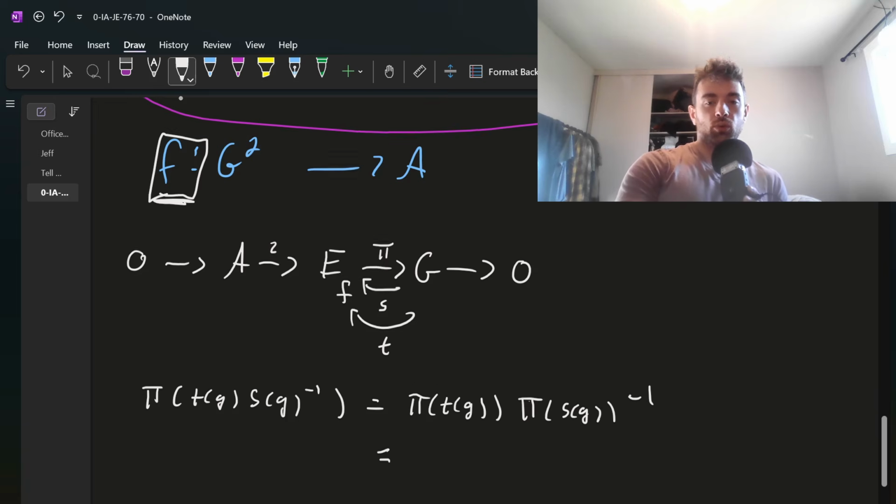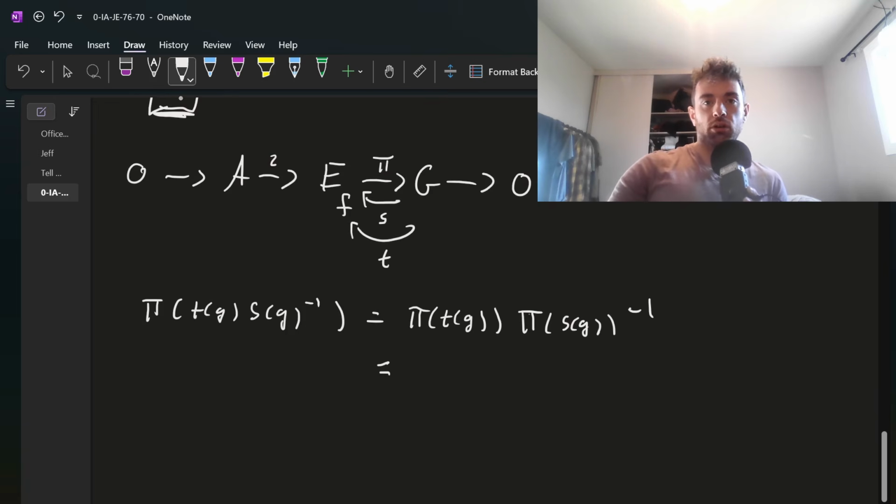Both of these are set theoretic sections, so we know that this returns g and this returns g as well. But now we've got that inverse, and so this has to be the identity of G.